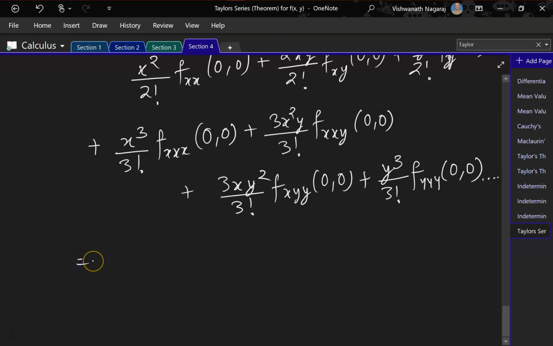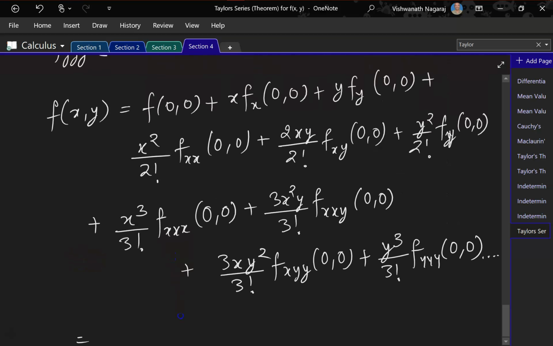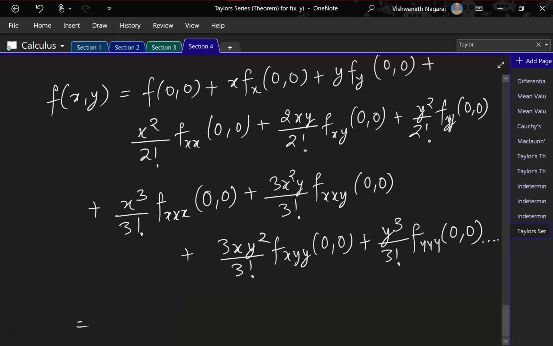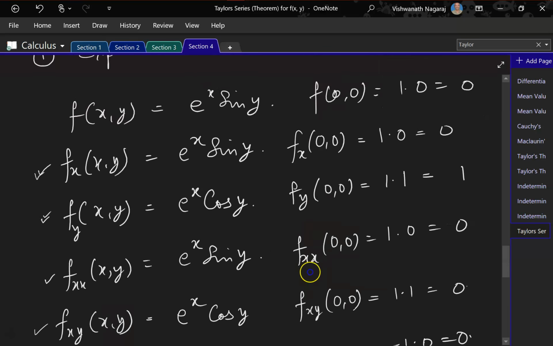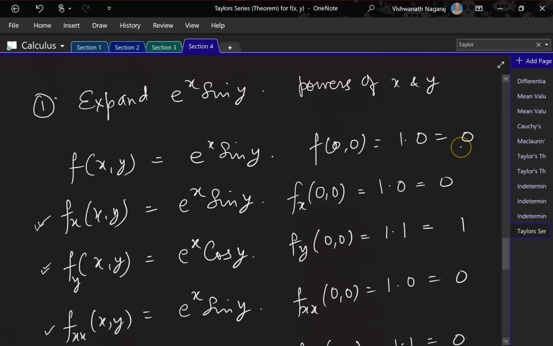Now we can do the substitutions. Yes, so f of 0 comma 0 would be 0.